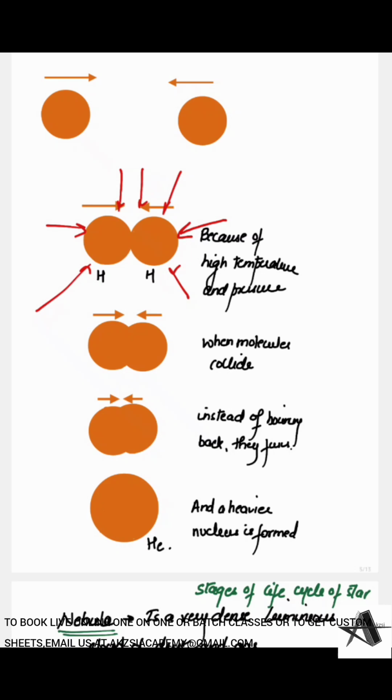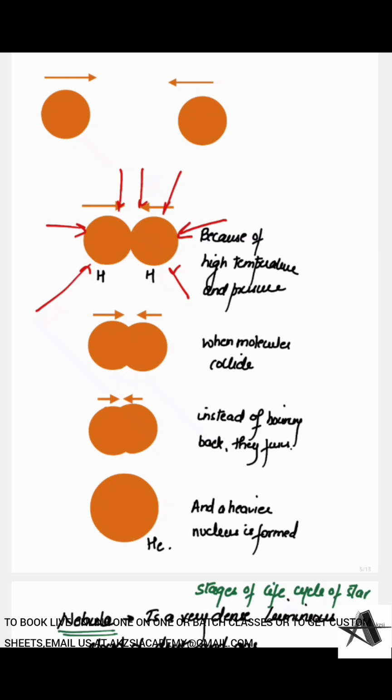What happens is the temperature and pressure continue to increase tremendously, and at one point the pressure is so high that the electrostatic repulsive force can easily be overcome, and now all the nuclei can stick together easily.